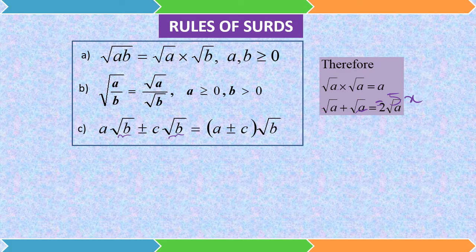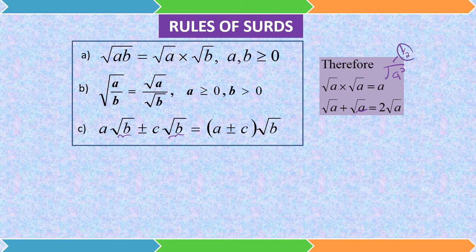The results from these three rules: when we have a square root of a multiplied with square root of a, we will get a. Why? It's the square root of a squared, so we can cancel out the square root and the power 2, because square root is the power of 1 over 2.